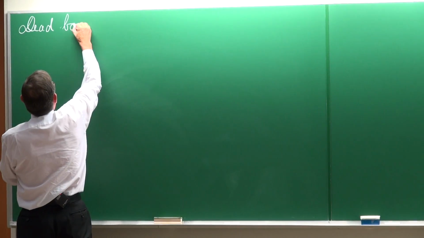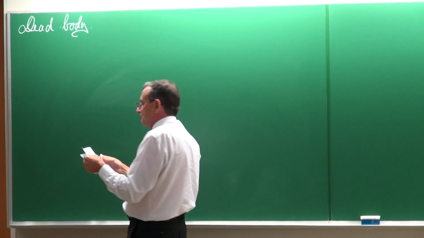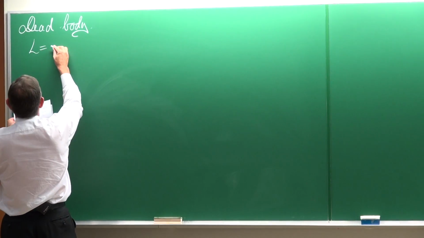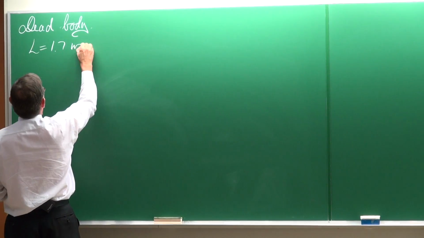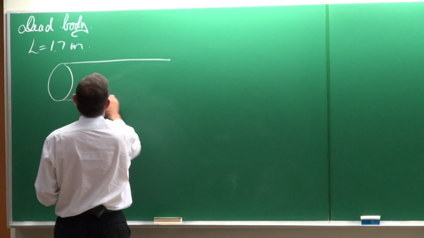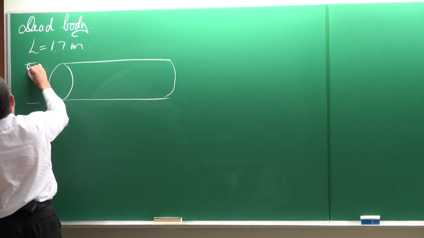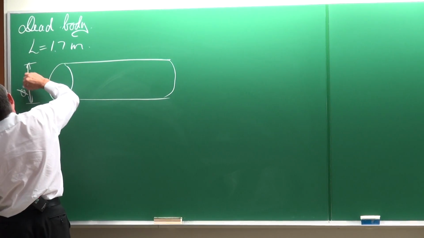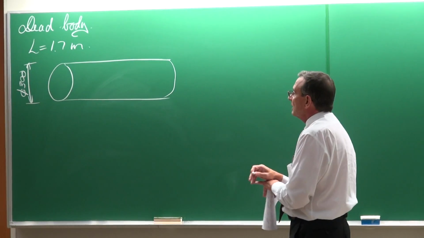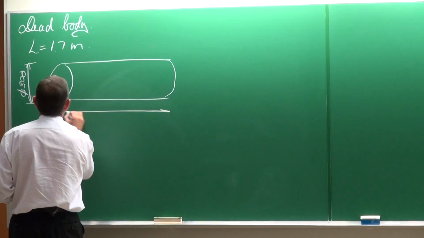So the dead body, after looking at it, can be approximated as a person with approximately a length of 1.7 meters and average diameter of about 300 millimeters. Okay, so we are going to assume it is a cylinder. Diameter 300 millimeters and length 1.7 meters.